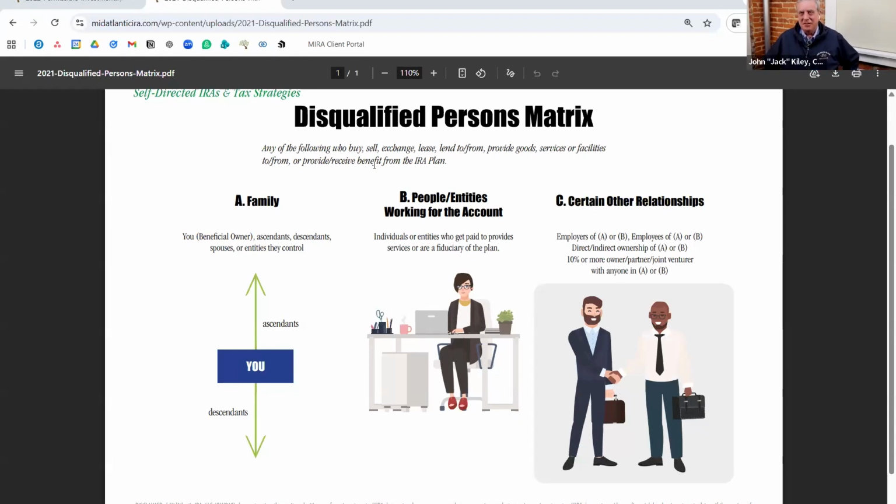So let's say for the sake of discussion that my wife and I invest. We're going to buy a $100,000 piece of property, and I am going to put in $60,000 out of my IRA, and she's going to put in 40.